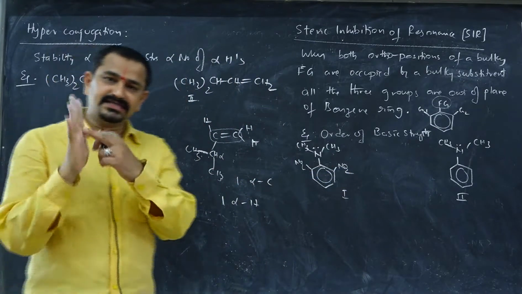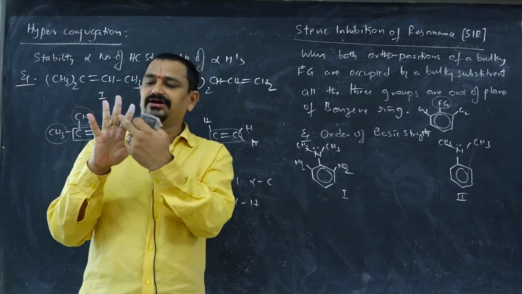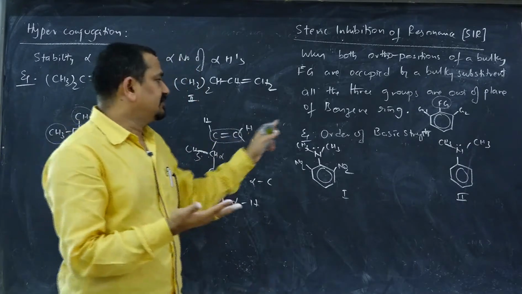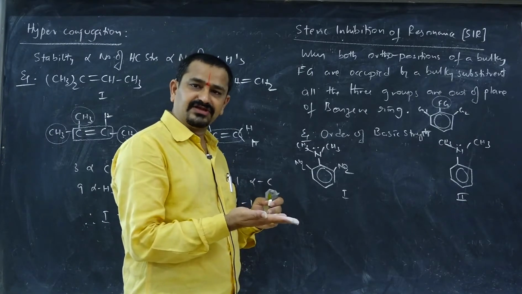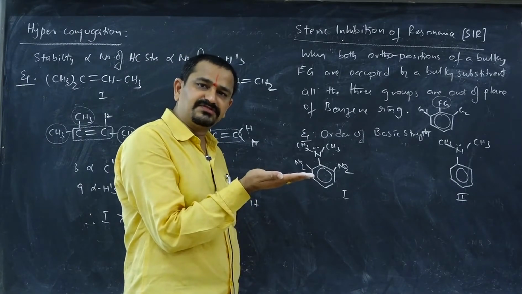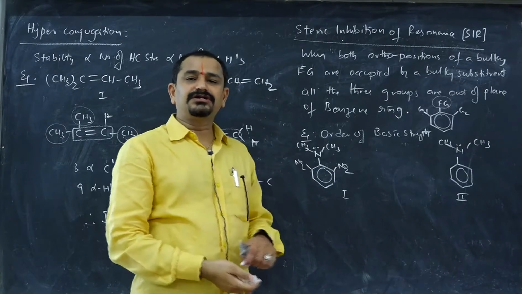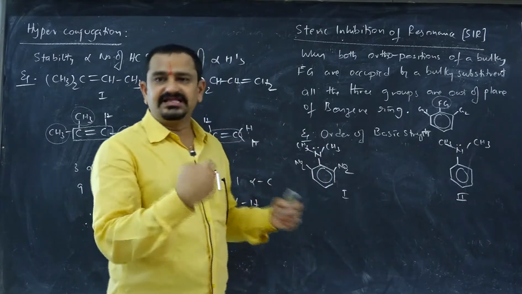Suppose this palm is a benzene ring. These are the groups attached at ortho and main positions. Now when all are bulky, the 2 ortho positions and the functional group, then all the 3 groups will move above the plane of the ring and do not show any resonance or conjugation with the aromatic ring.